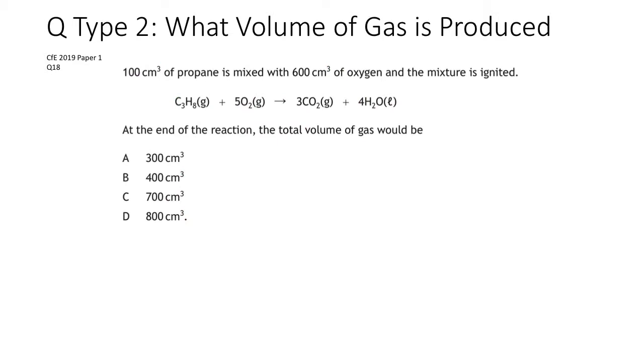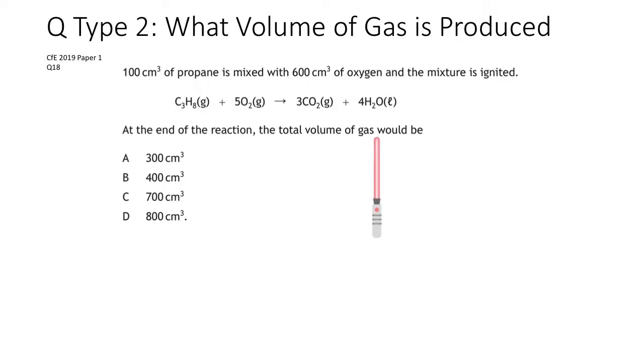This question is a similar type to the last, but it's also bringing in the idea of excess. With 100 centimetres cubed of propane, 600 centimetres cubed of oxygen, the mixture is ignited.